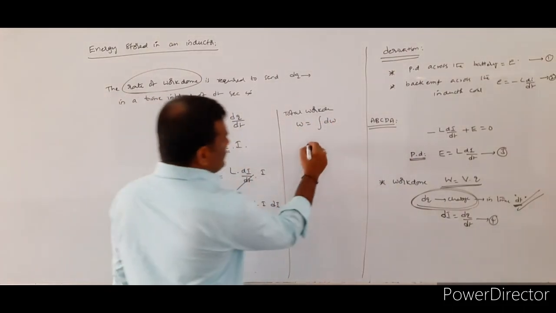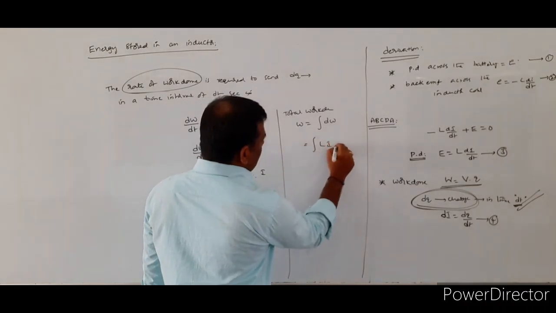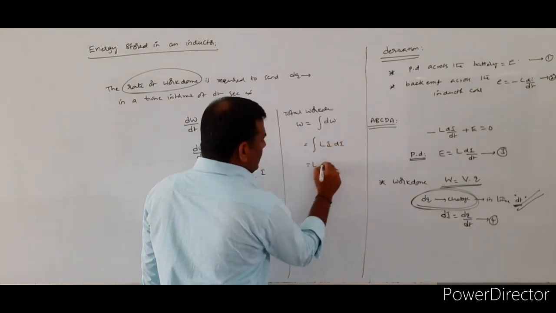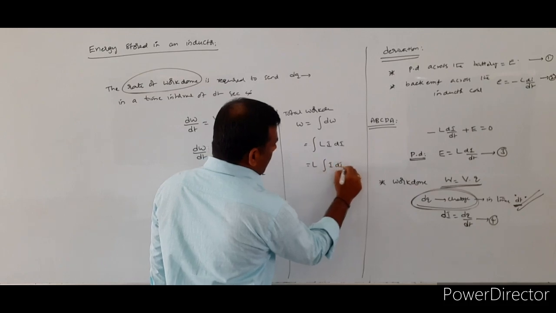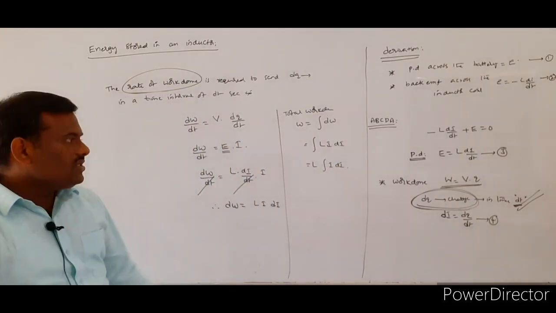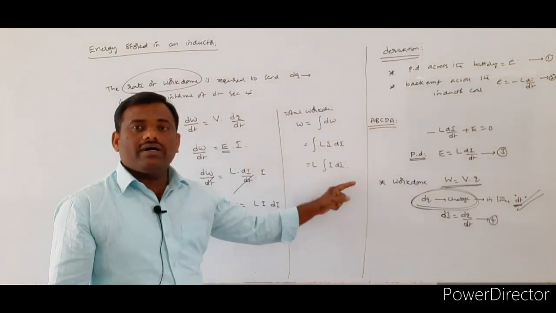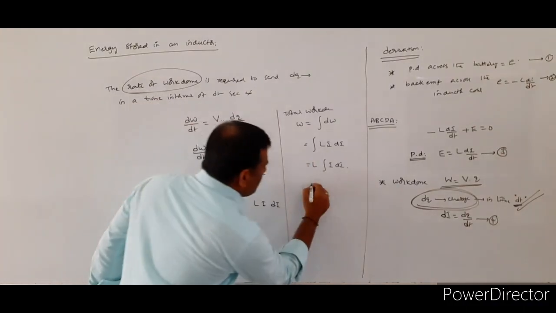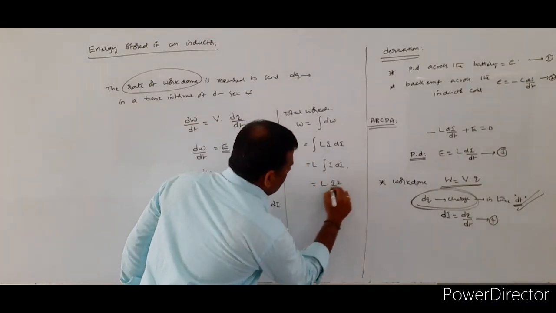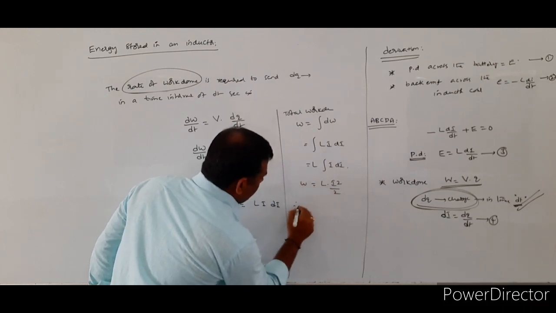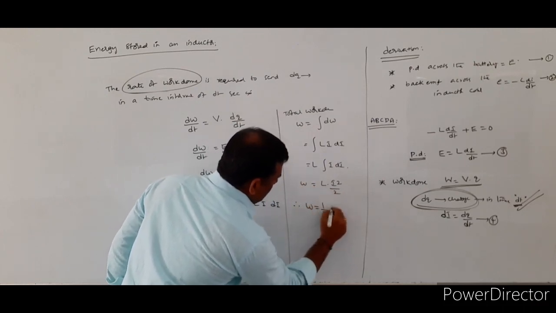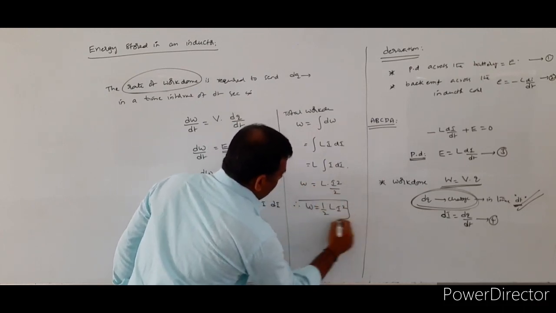Substituting these values, integral L I di. L is the constant. Integral x dx is x square by 2. Therefore this value is equal to L into I square by 2. Therefore the final expression is half L I square.